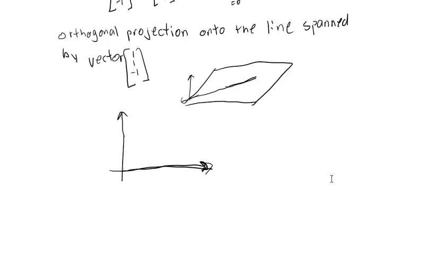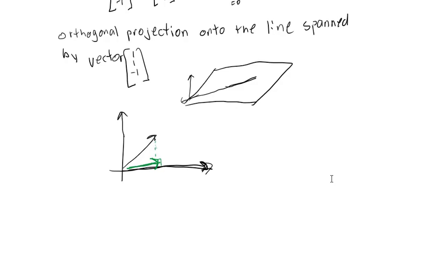So we've got some vector, we want to find its orthogonal projection onto that line, and so we just make the perpendicular right there, and the orthogonal projection onto the line is this part right here.